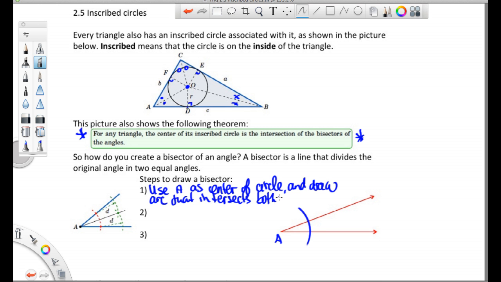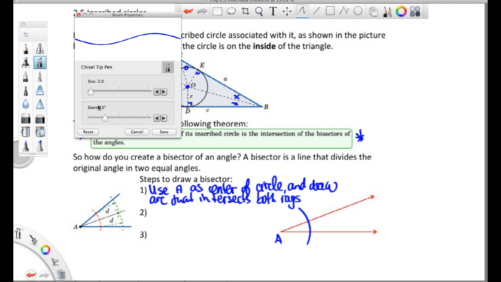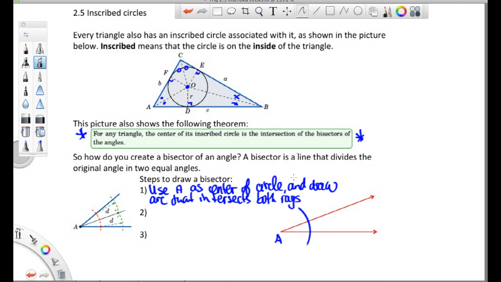I guess these are called rays, right? So both rays. Once you do that, you're going to use this point over here and this point over here. And you will want to create another circle.